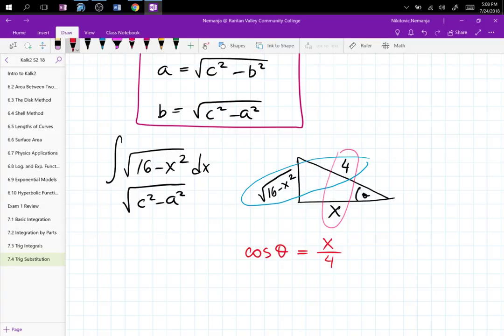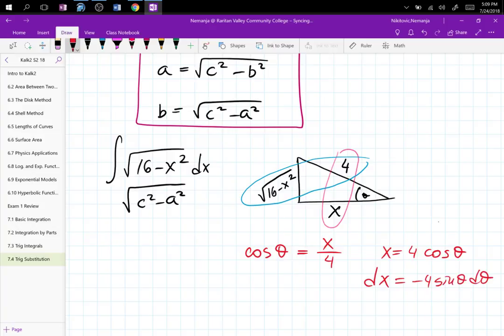Now from there, I can solve this for x, which is 4 cosine theta, and immediately differentiate that because I need to replace dx as well. We are replacing everything under the square root, but I also need to replace dx. So as soon as you find x, you immediately differentiate: dx is minus 4 sine theta d theta.